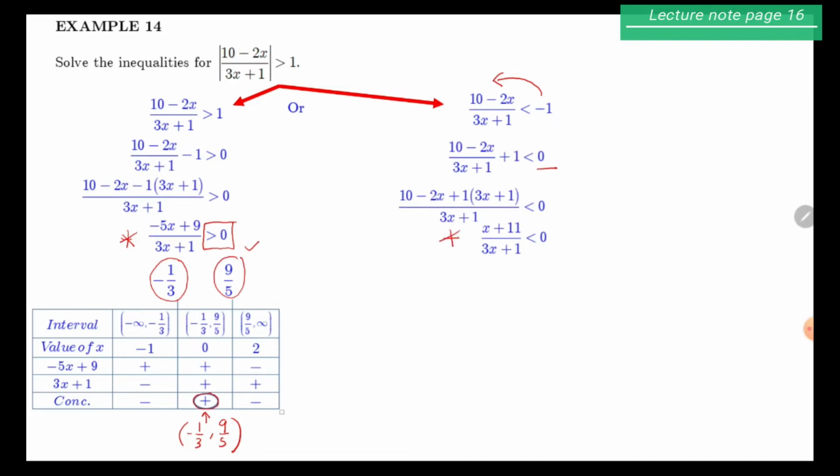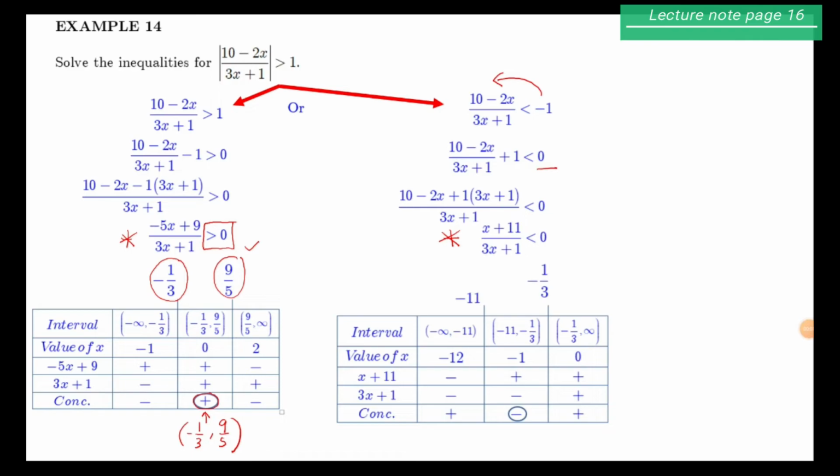Up until this stage, now we can apply the table of sign method to solve our inequality. So this is the table of sign that we can construct by using our inequality. We can get the critical numbers by solving the fractions that we have. So x plus 11 will have the critical number of -11.